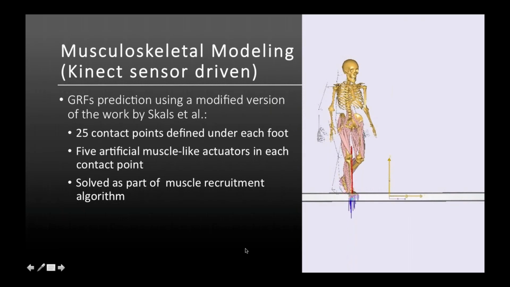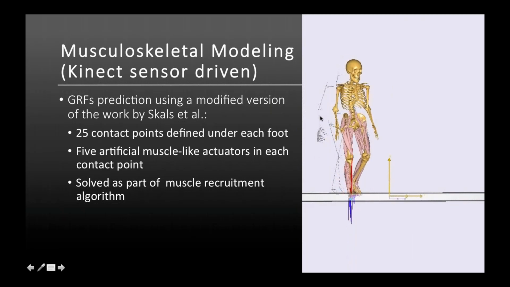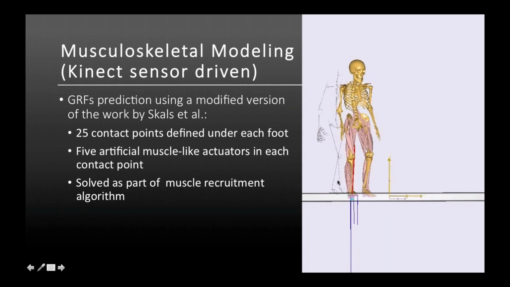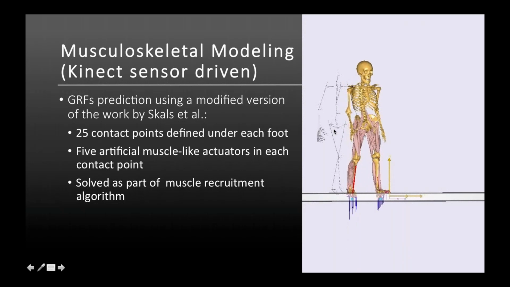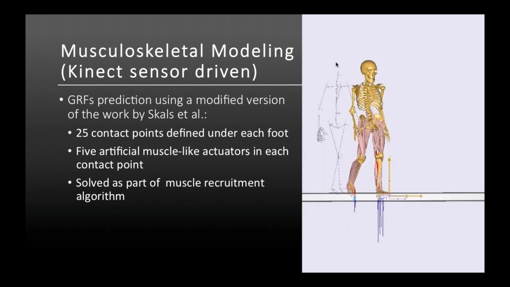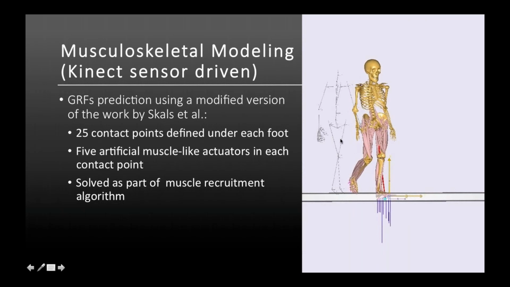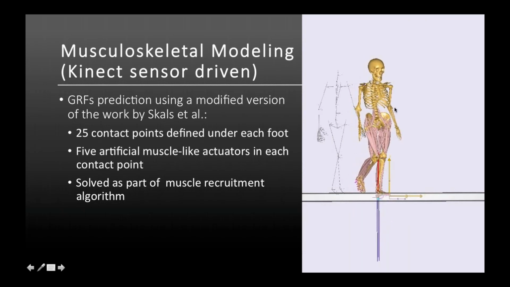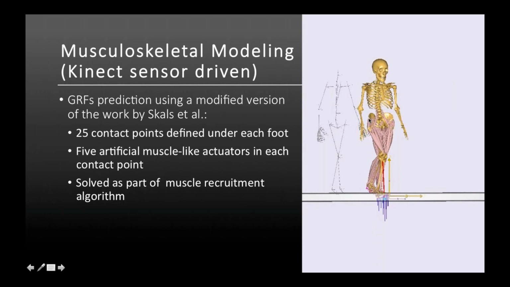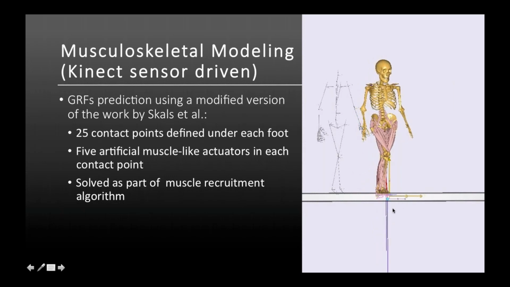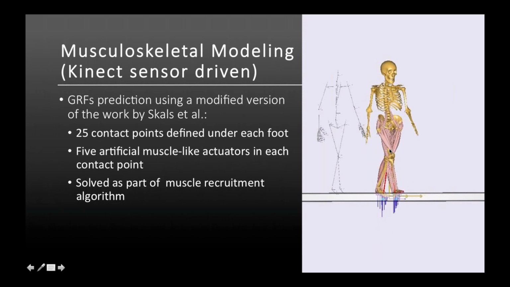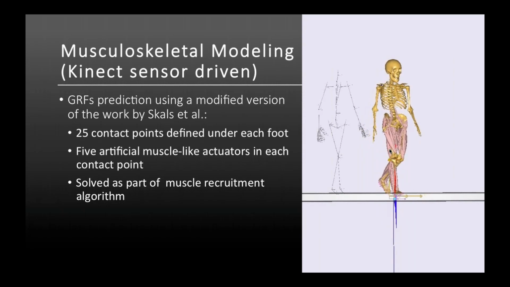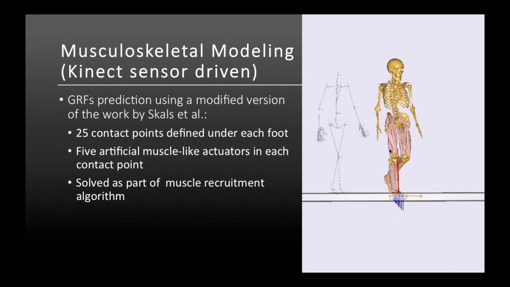So the bottom line is, once we have this gray skeleton that you see here, that we develop or acquire using Kinect, then in the AnyBody environment this skeleton would drive the AnyBody model for us to run the prediction and get the ground reaction forces and ultimately all the internal joint forces and moments we are interested in, like any other AnyBody model.